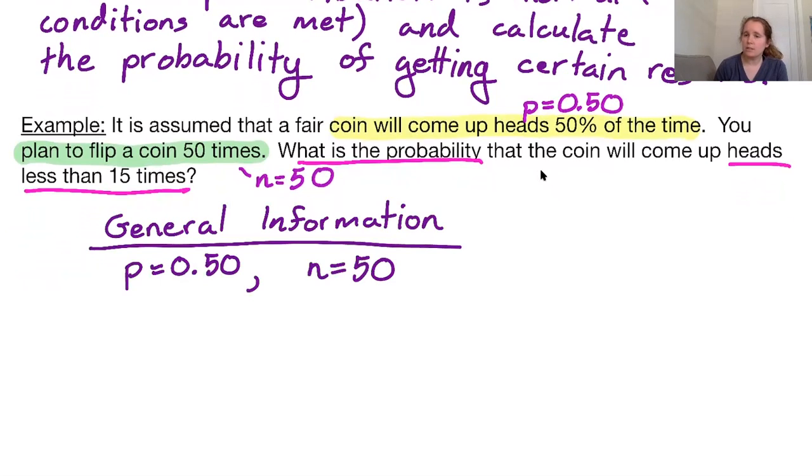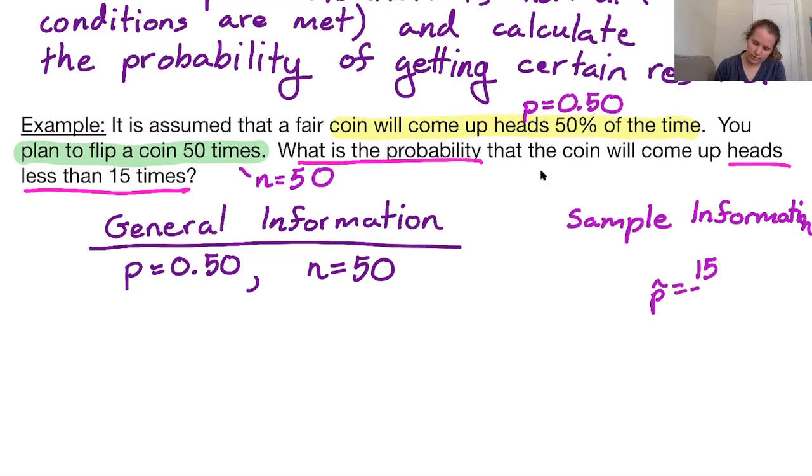And then the specific information we are looking for has to do with the sample. The sample information we are looking at is p-hat is 15 out of 50, 15 heads out of 50 sampled.